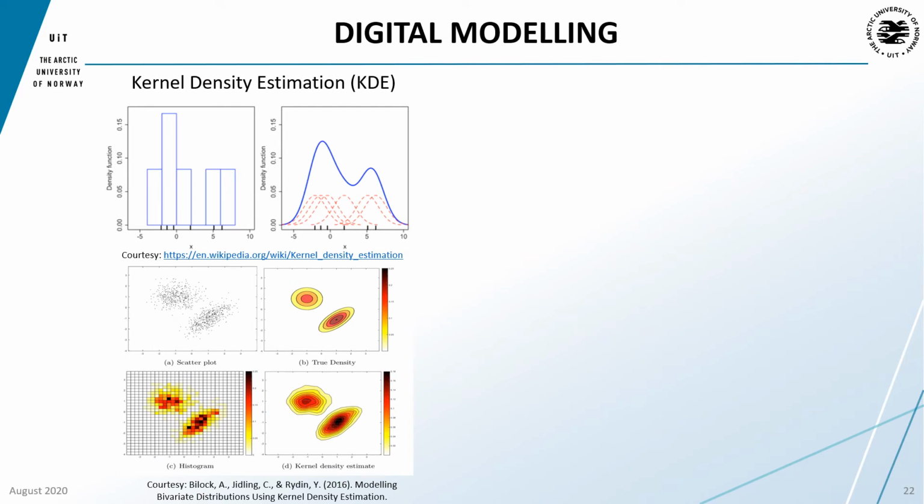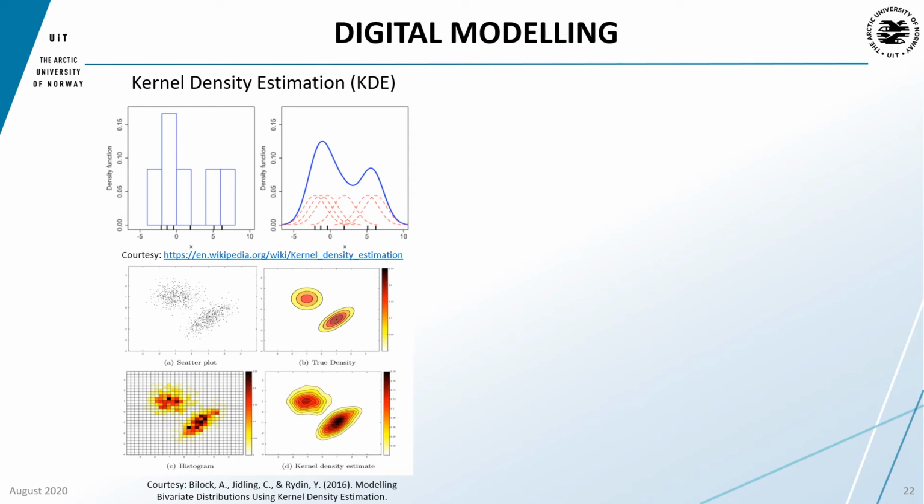Digital modeling. Kernel density estimation (KDE) is used in digital modeling. The upper figure shows the difference between a bivariate histogram and a kernel density estimation. So basically, KDE is constructed from a Gaussian distributed plot from every data point, and then we sum them up.